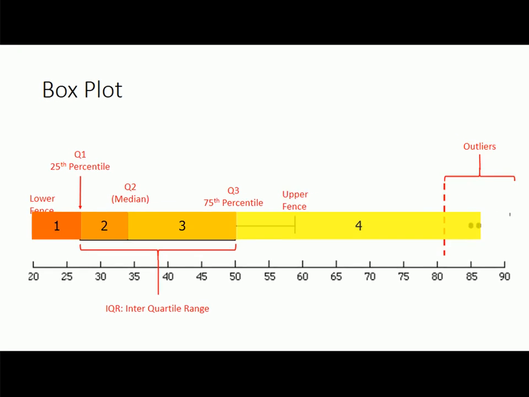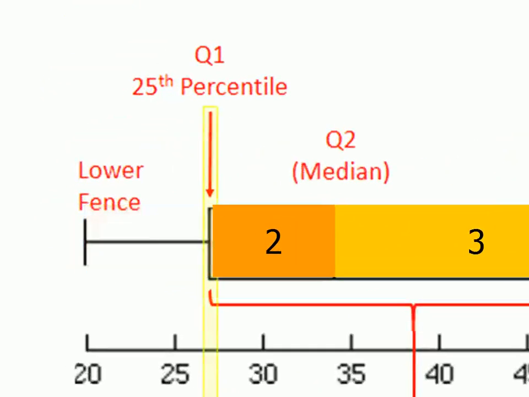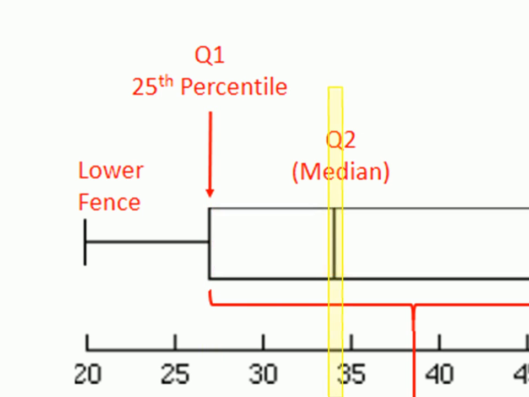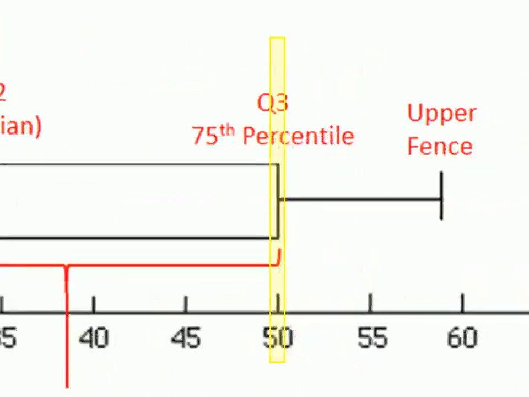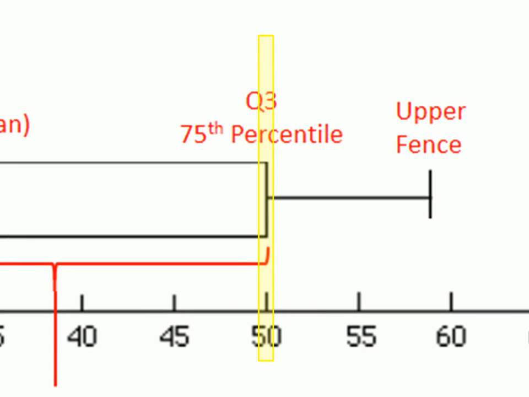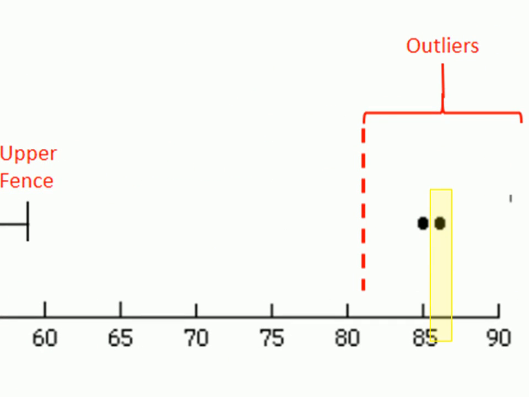The first quartile is the point at which you have the first 25% of your data. And then the second one, quartile 2, also known as the median, is the 50th percentile. That's half of the data is below that point, half of the data is above that point. Then you have the 75th percentile, also known as the third quartile. And then the maximum data value is going to be represented, in this case, by a dot.